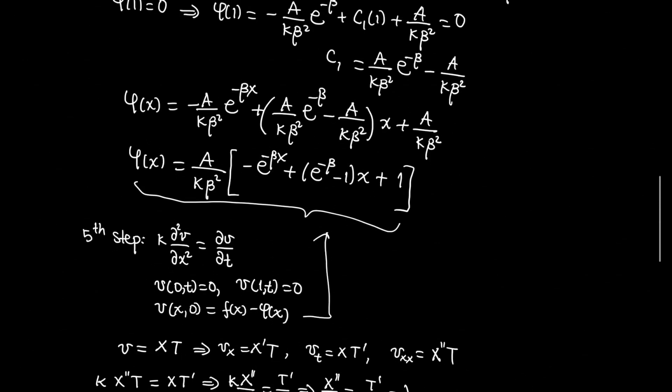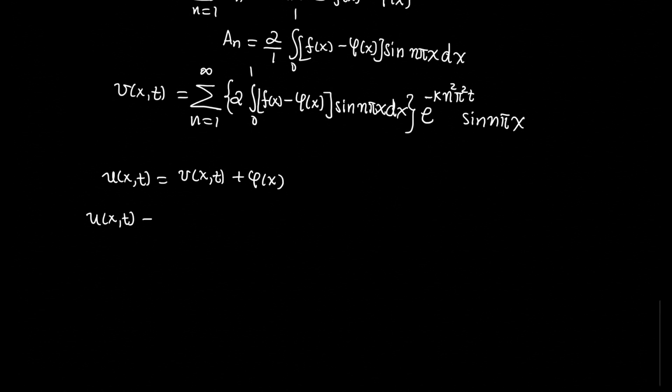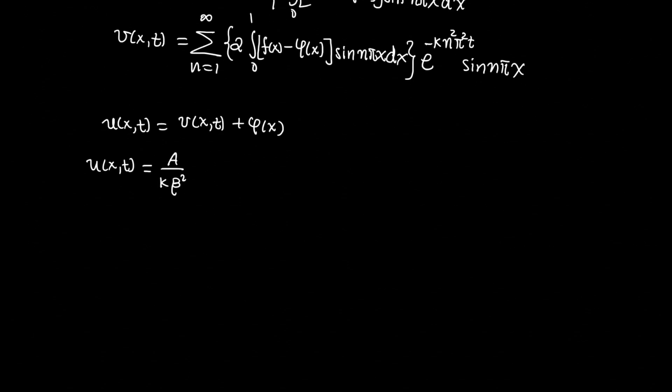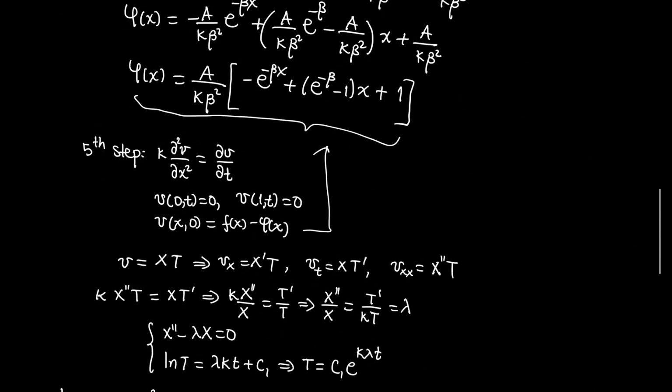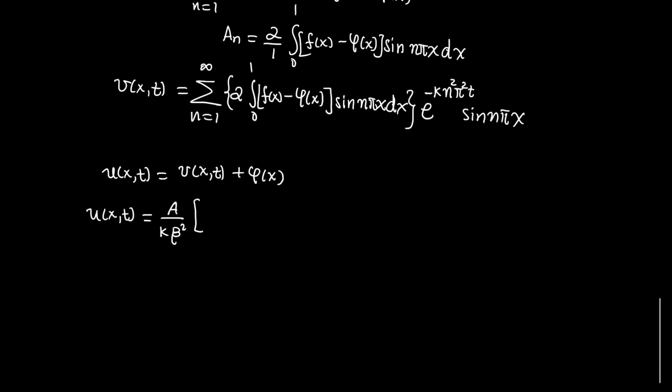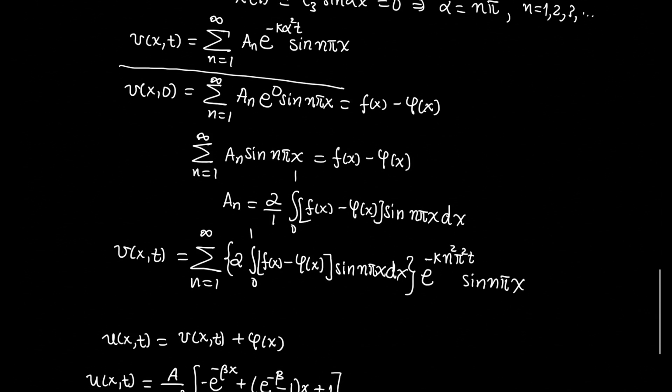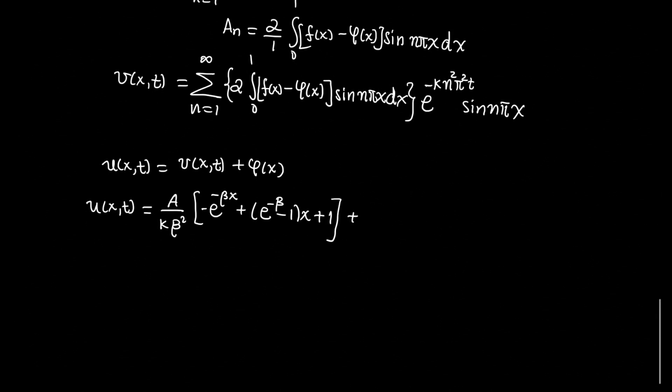Okay, I'm going to start writing phi x. The order doesn't really matter. a over k beta squared, then you have minus, plus, x plus 1, then plus the summation n equals 1 to infinity.